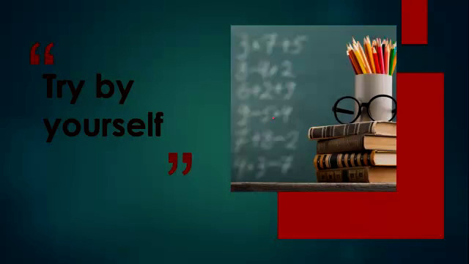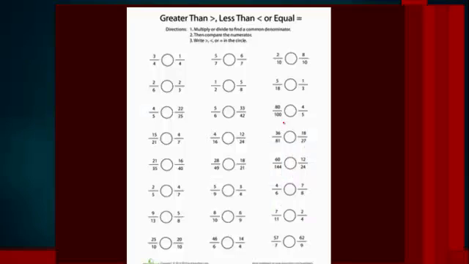Now it's time to try by yourself. Okay, I'll try to help you in the first one, and you will solve the rest. Okay, if I have 3/4 and 1/4 and I want to know which is greater, simply I'll do the scissor method. 4 multiply 1 will become 4, and 4 multiply 3 will become 12, which is greater, 12.